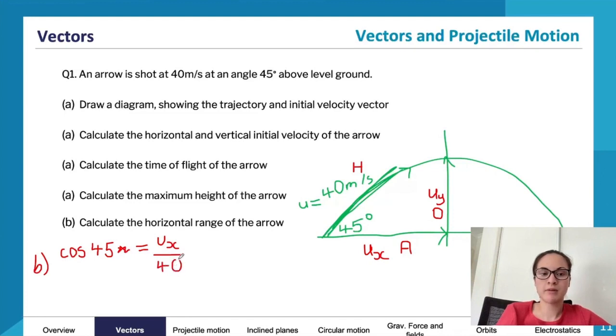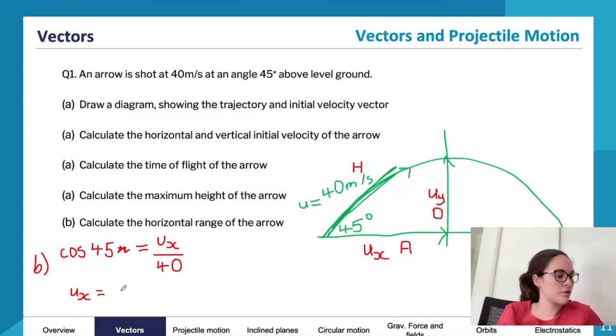And now we multiply both sides by 40 to get Ux by itself, and we are left with a number I need to plug into my calculator, but put it into the chat if you've calculated this. Yep, so cos 45, and also make sure if you're doing methods or specialist and you're using a graphics calculator, make sure it's in degrees, not radians.